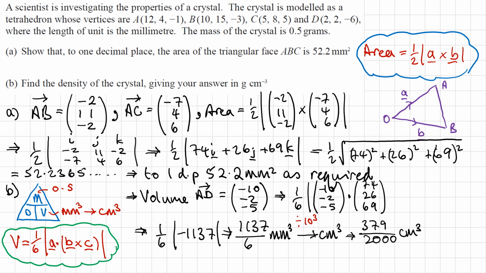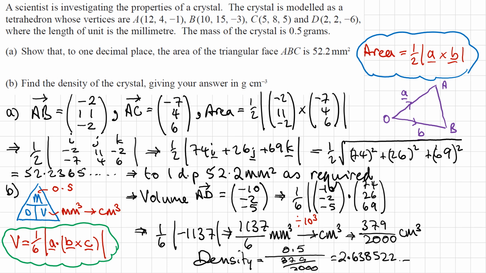So now I'm ready to calculate the density, and that will be the mass 0.5 divided by this 379 over 2000. Let's see what that gives us. That comes out as 2.638522.